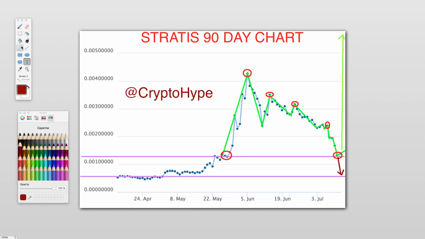So as you can see right over here, this was the support. This is actually the support that Stratis has reached as we speak today.